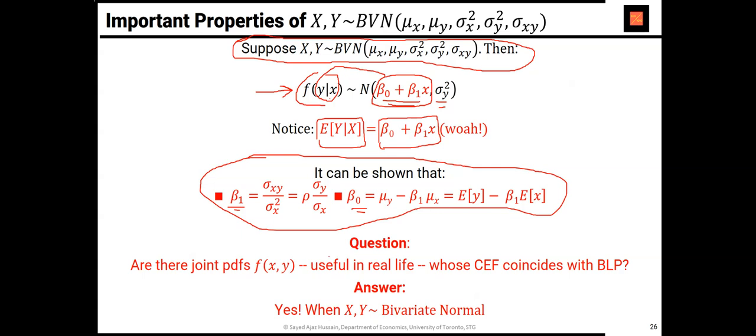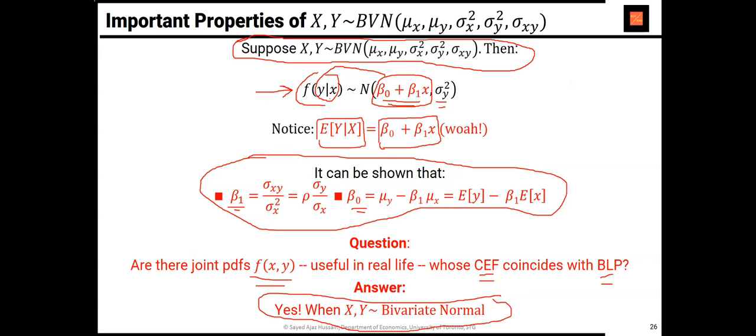So you've proved a really beautiful, gorgeous result. You asked, are there any joint PDFs between X and Y which are useful in real life whose CEF is always going to be a straight line? One whose conditional expectation function is in fact the BLP. And the answer is yes, when X and Y are bivariate normal.